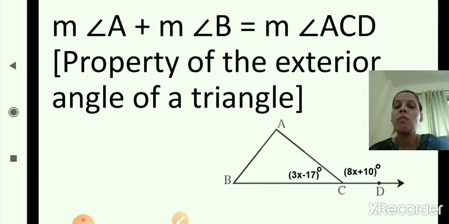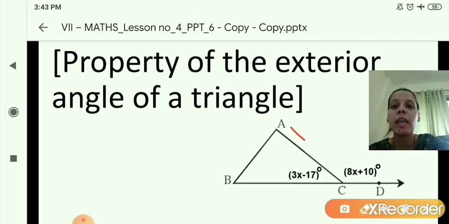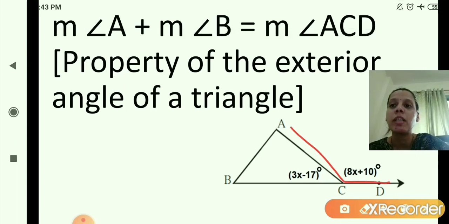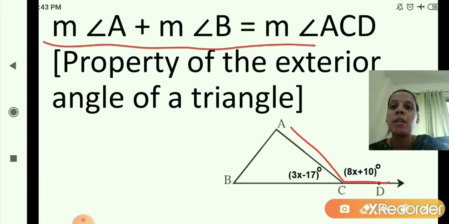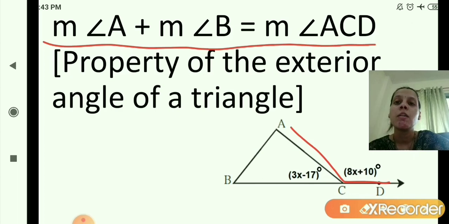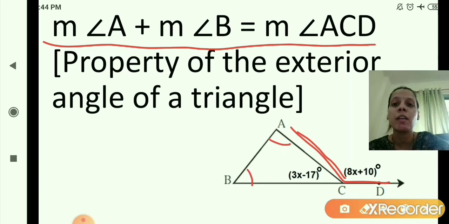now the measure of angle A plus the measure of angle B is equal to the measure of angle ACD. Why have we written this? Because of the property of the exterior angle of a triangle.